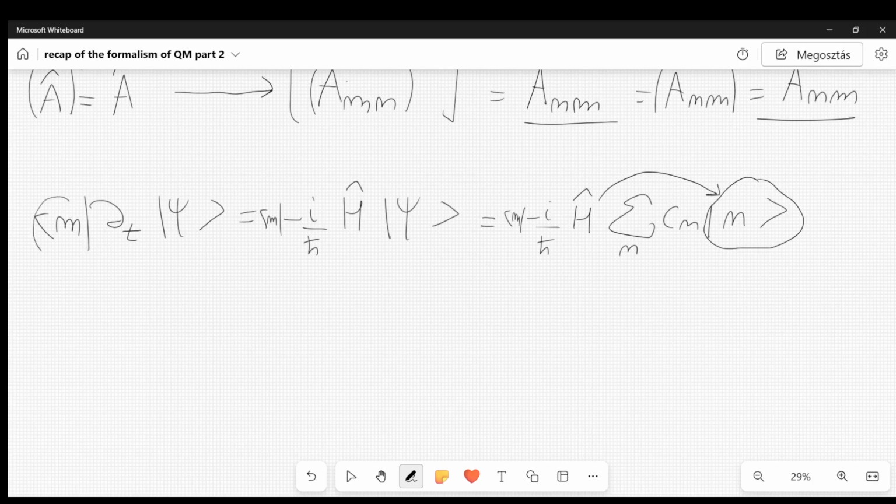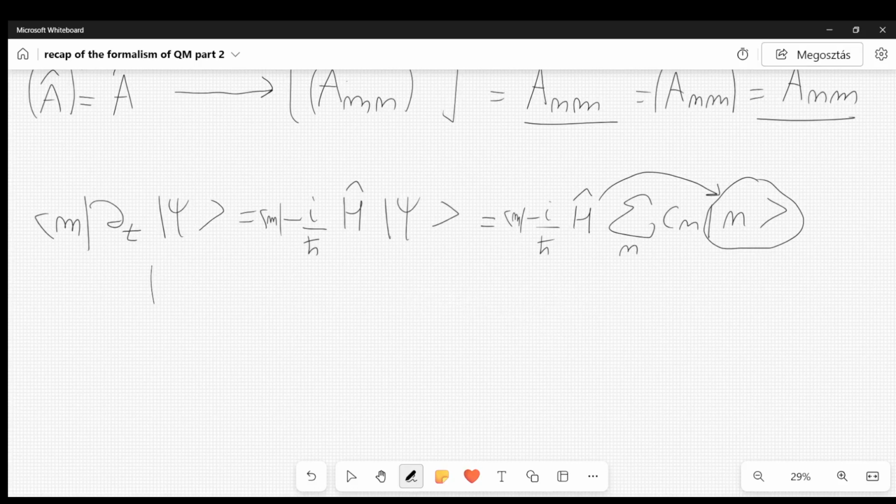And then you take the inner product with m, and remember the orthonormality of the states m and n. So when you take the inner product between m and n, you get the Kronecker delta. Remember this.